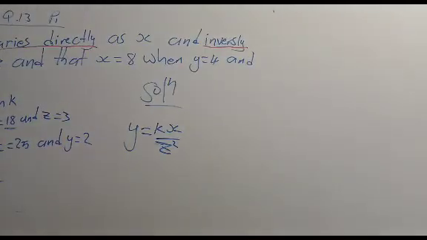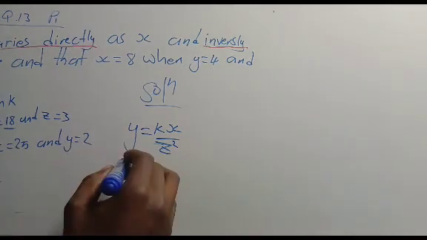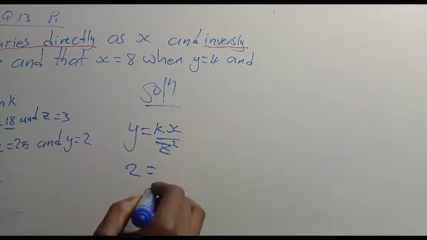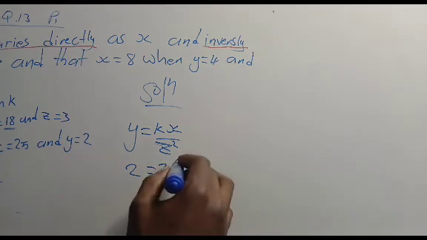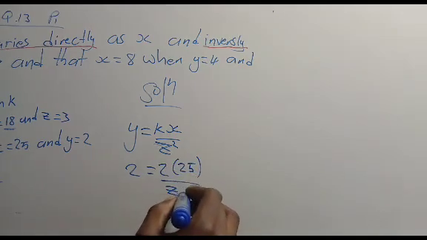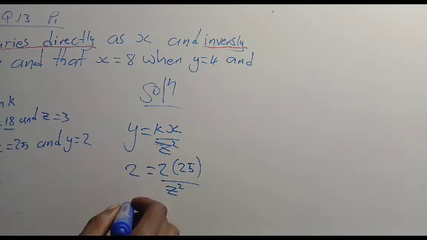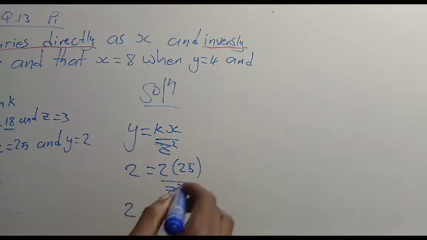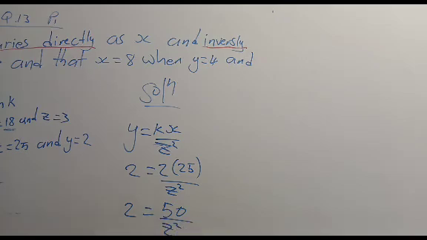Now to solve this one, y should be 2, so we'll say 2 is equal to k, we know it's 2, then x, they are giving us 25 this time around, then z we don't know, so z squared. Then 2 is equal to, here you multiply by 2, you get 50 over z squared.